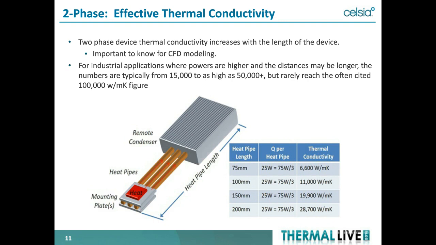But for most electronics cooling applications, you don't move the heat much more than about 150 to 200 millimeters. And for local spreading uses, the 6,000 number is pretty typical.